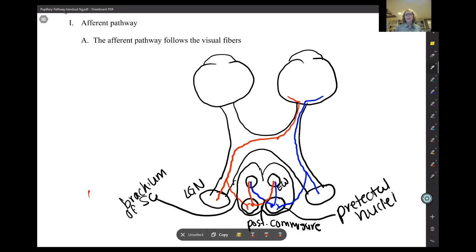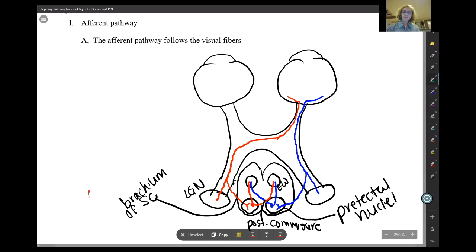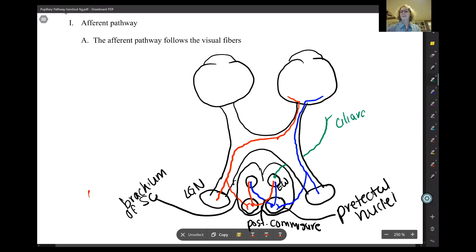Now, we've talked about the efferent pathway in previous lectures, but we will follow that through again. The efferent pathway starts at the Edinger-Westphal nucleus, and that's going to follow cranial nerve 3. So it's going to leave the midbrain and it's going to follow cranial nerve 3 up to the ciliary ganglia.